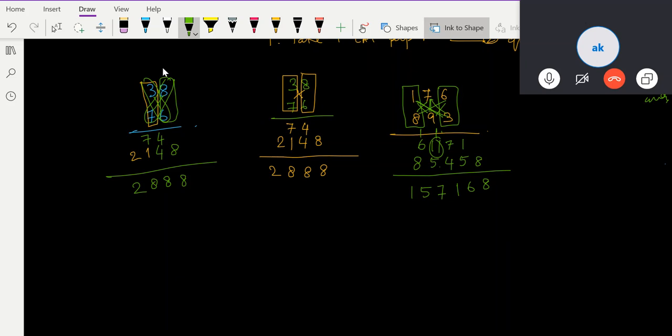Yes, sir. See, the reason why I'm doing this is, logic is simple. See, if I do it 176 into 893, what will I do? 3 6s are 18, 3 7s are 21, 22, and 5. And then I do the next one, 54, 63, and 568, 6, 9 6s are 15.